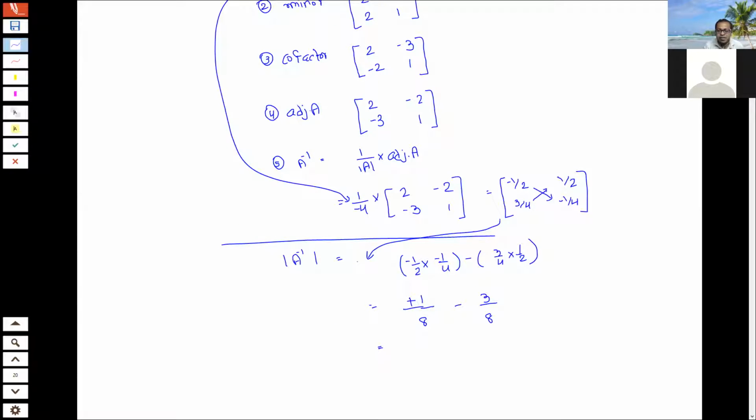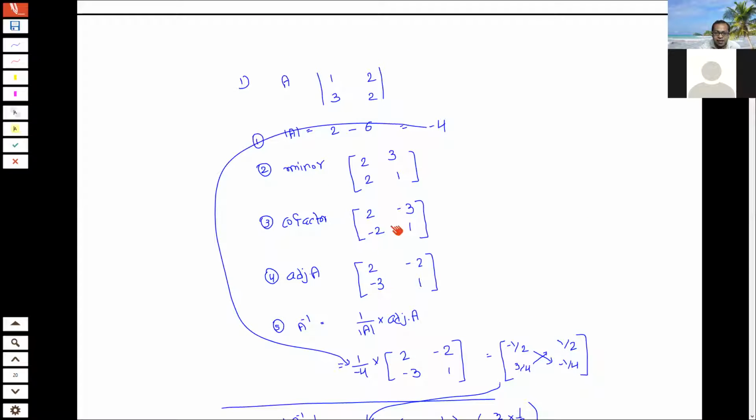So 1 minus 3 is what? Minus 2 by 8, which is nothing but minus 1 by 4. So the determinant of inverse of A I have got is minus 1 by 4.